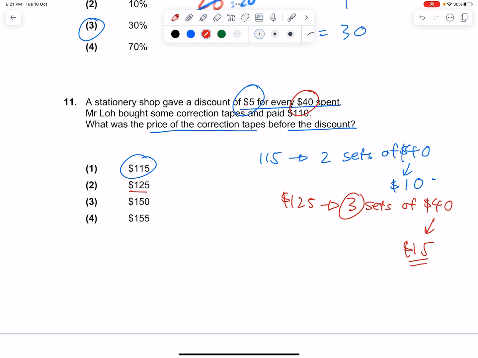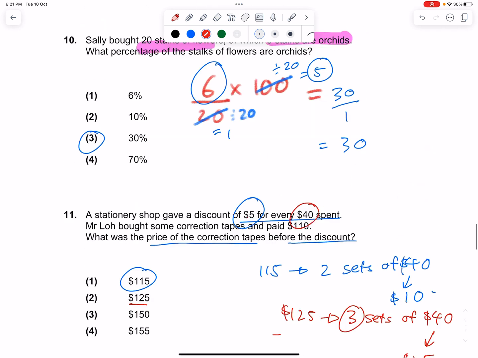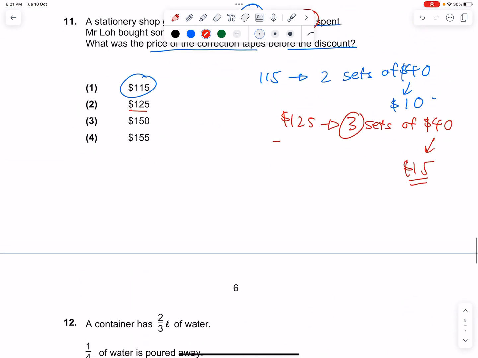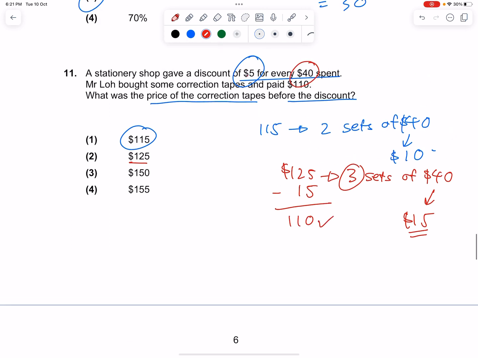So if we take 125 minus $15, your answer would actually be 110. And this tallies with the amount that he paid. So I know for sure the price of the correction tape before discount was 125. Of course you can go on to do it for the other two to confirm that they are wrong, leaving us with only option 2 as the correct answer.